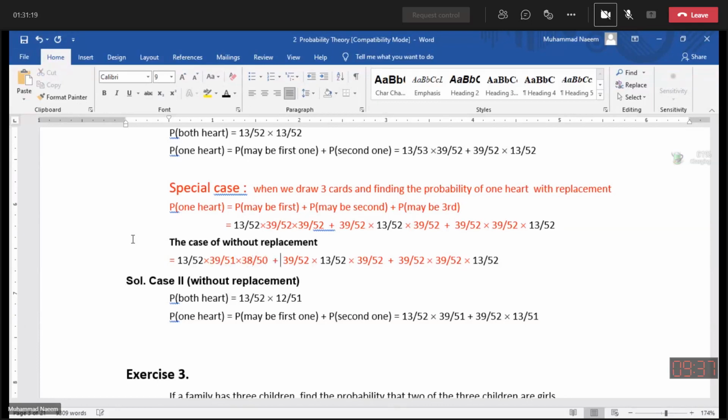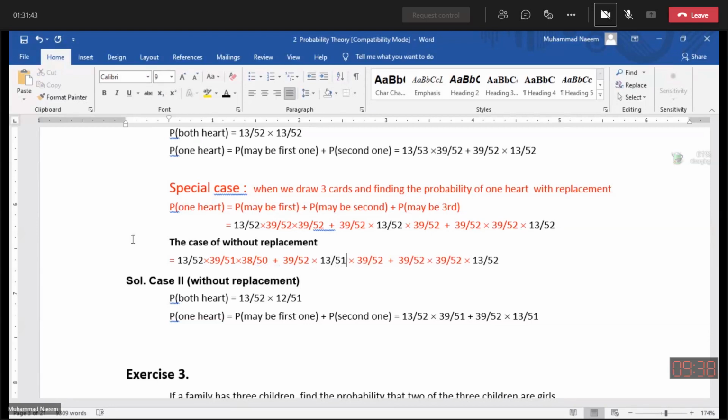In this case, the first one is not a heart, the second is a heart, because all hearts are available. That's why the probability of the second being a heart is 13 out of 51.